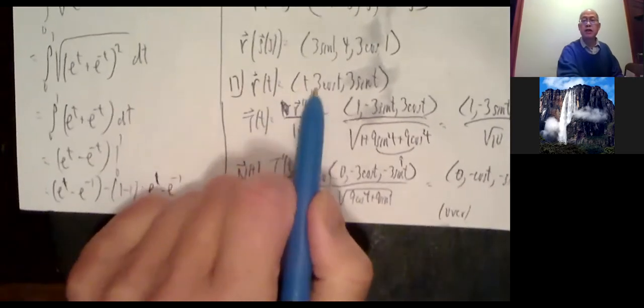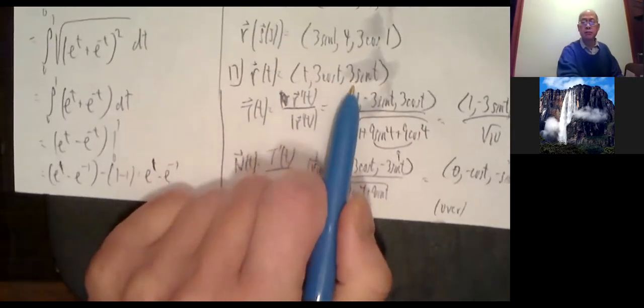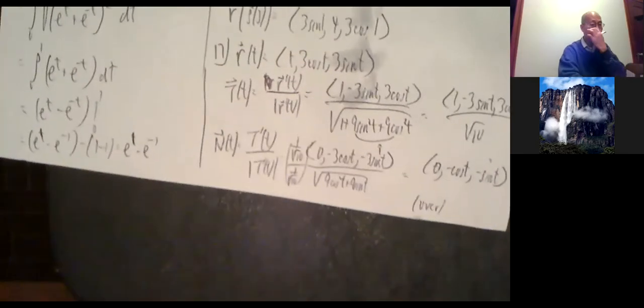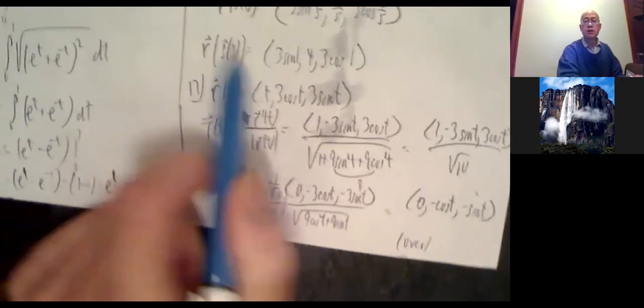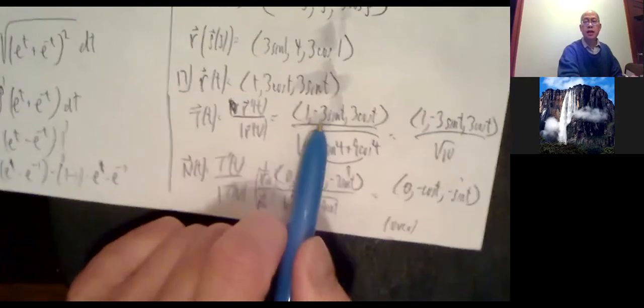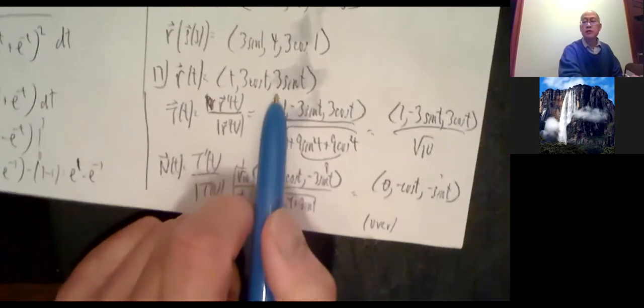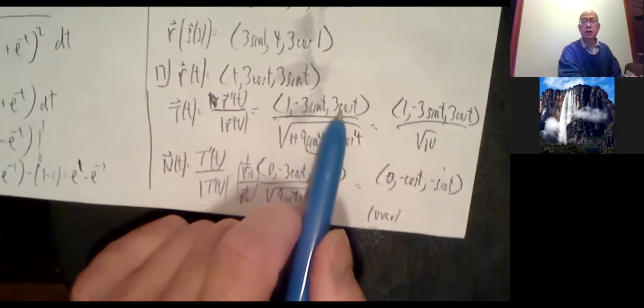Okay, so 17, r of t is given to be t, 3 cosine t, 3 sine t. So the unit tangent vector, by definition, is r prime divided by magnitude of r prime. So derivative of this: derivative of t is 1, derivative of 3 cosine t is negative 3 sine t, derivative of 3 sine t is 3 cosine t.